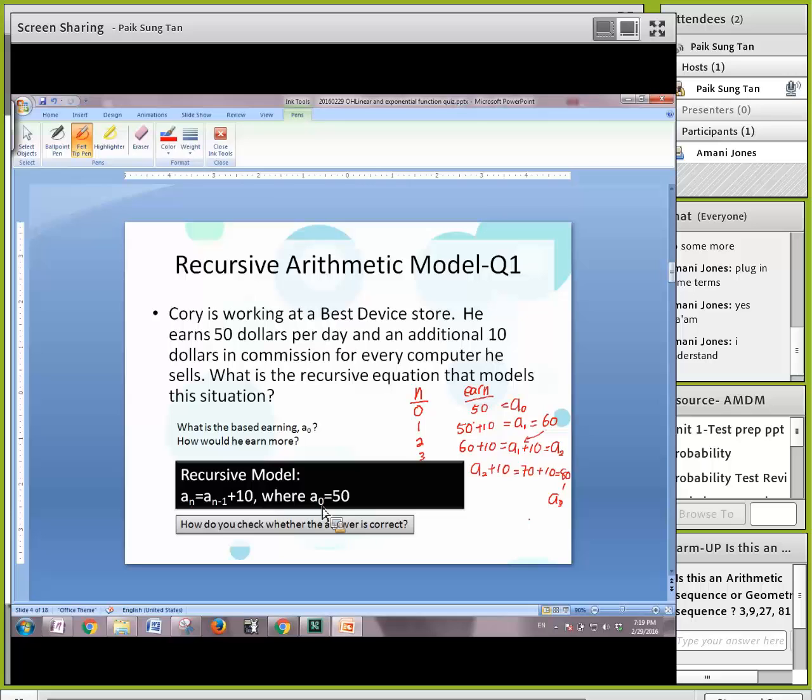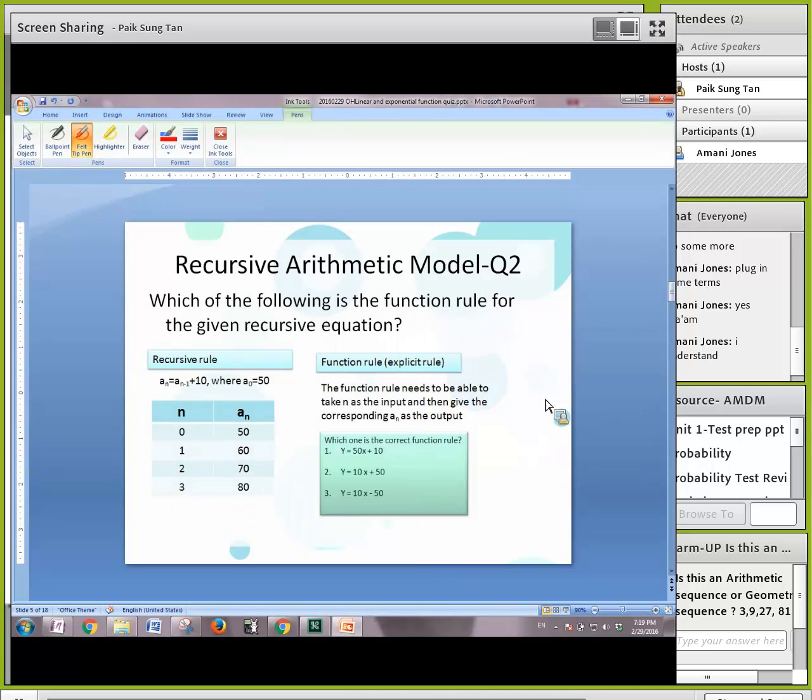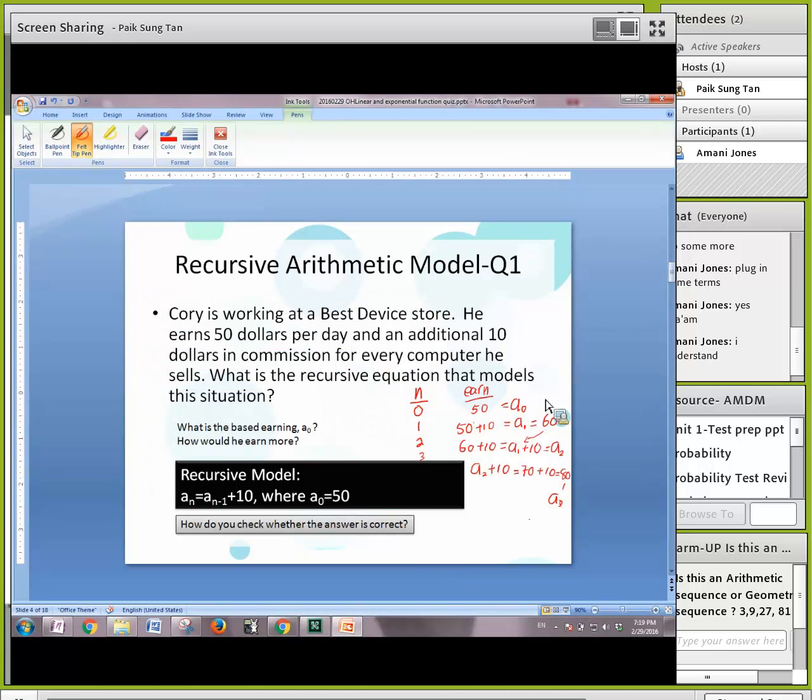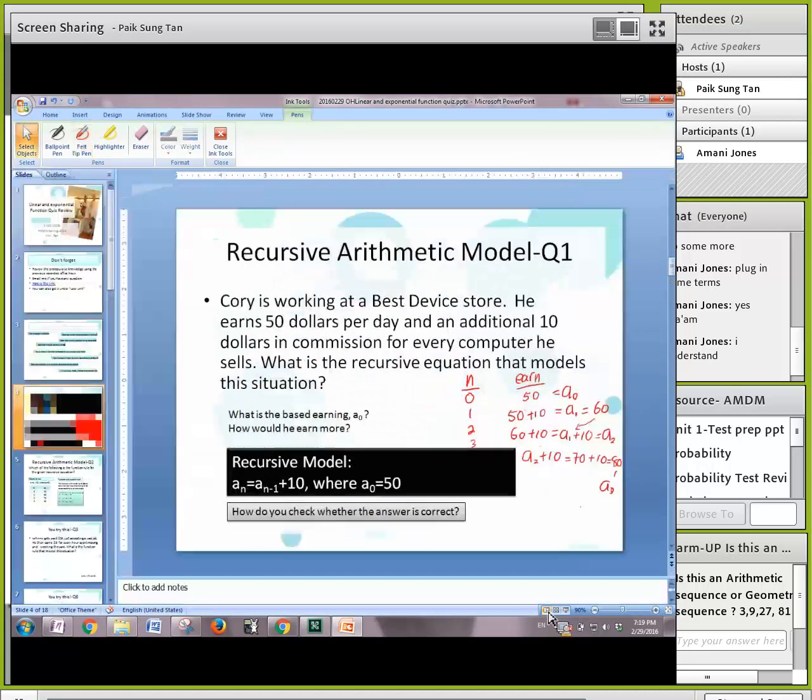When we are working on our assignments, the ball bouncing assignments, when you're writing recursive models, many people don't know what n equals 0 means, so when they write the models, it is not that accurate. So let's look at the next slide. Is it the next slide? Oh yes.